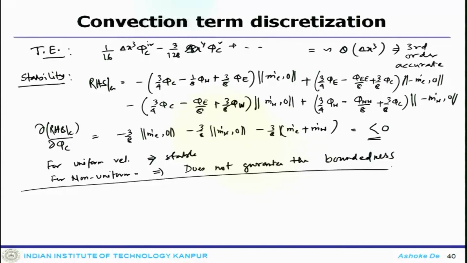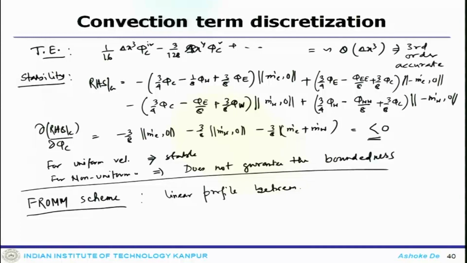Now, moving ahead, there is another scheme which is called the Fromm scheme, which uses a linear profile between the far upwind and downwind nodes connecting the faces. How would that look like?